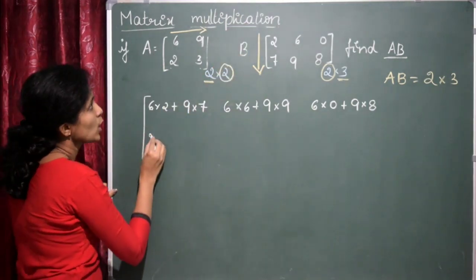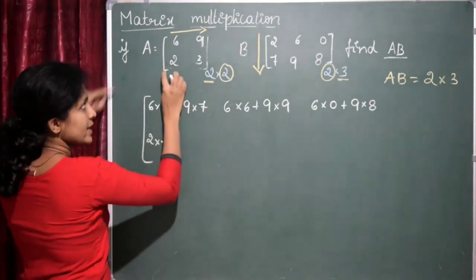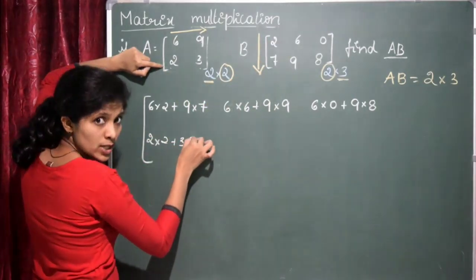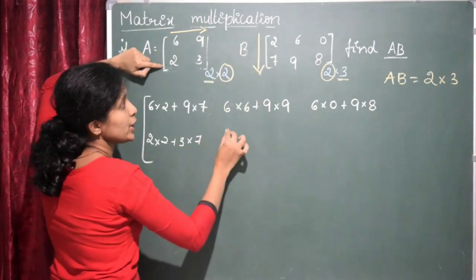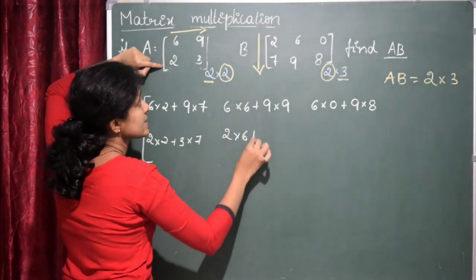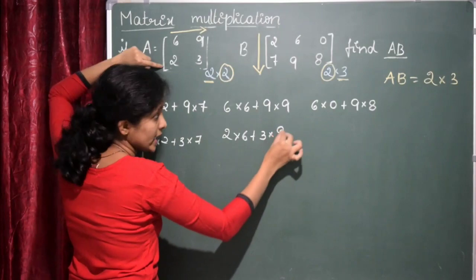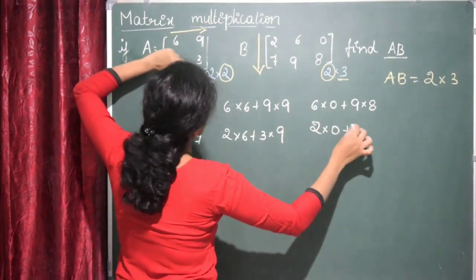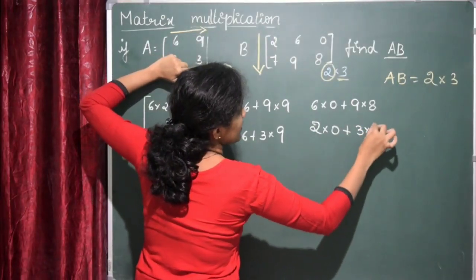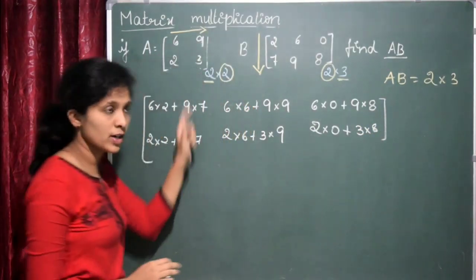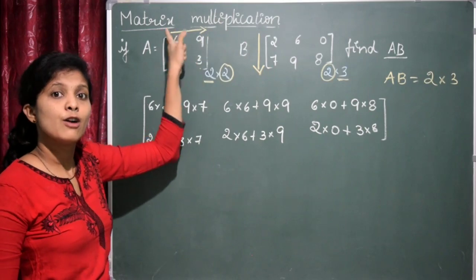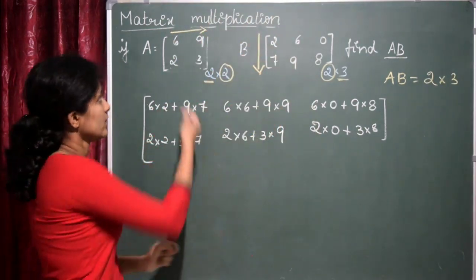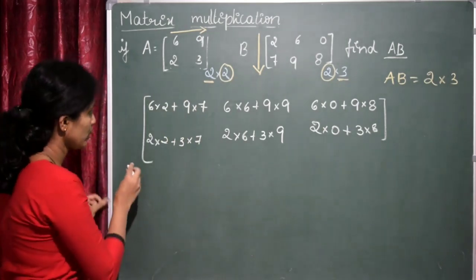We'll multiply: second row, first column, 2 into 2 plus 3 into 7. Next will be 2 into 6 plus 3 into 9. Next will be 2 into 0 plus 3 into 8. Is it clear? First row, first column, then first row, second column, first row, third column. Similarly with the second row. I hope you understood this one.